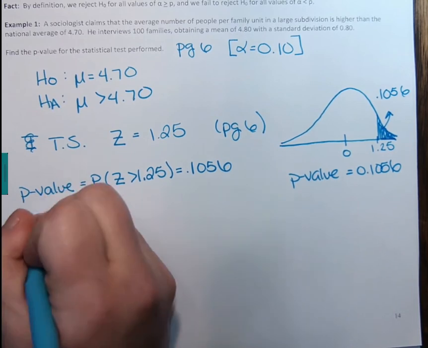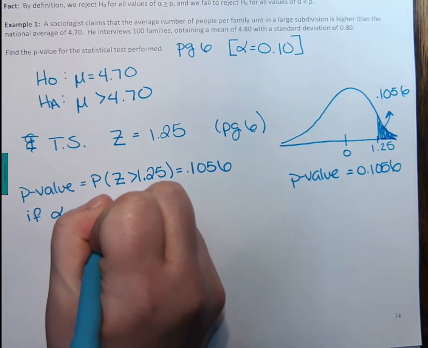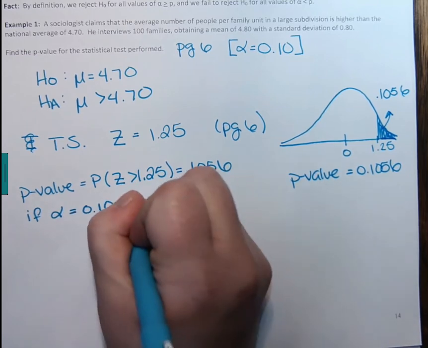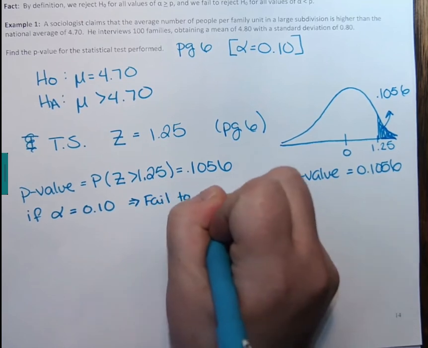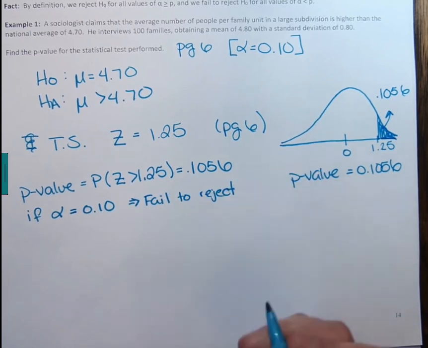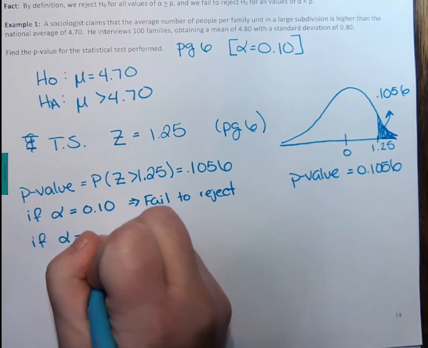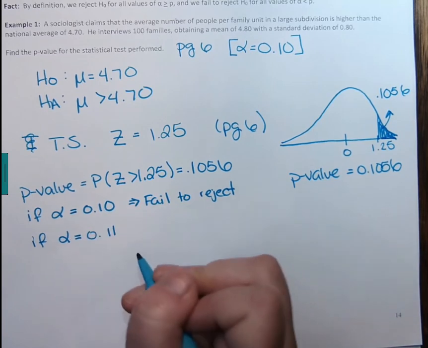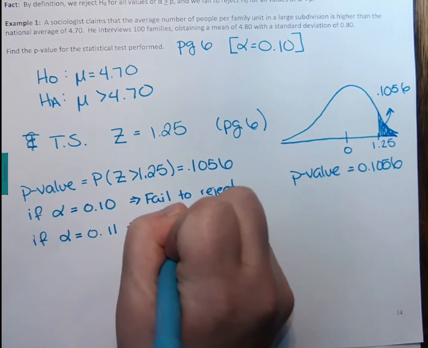Notice, if alpha is equal to 0.10, like in our previous example, we're going to fail to reject the null and get the exact same conclusion that we did on the previous one. On the other hand, let's suppose that alpha was equal to 0.11. Well, notice in this case, you would reject the null.